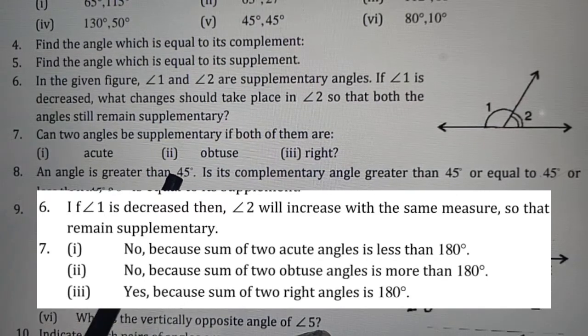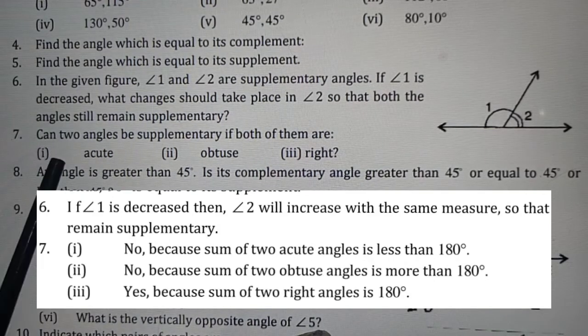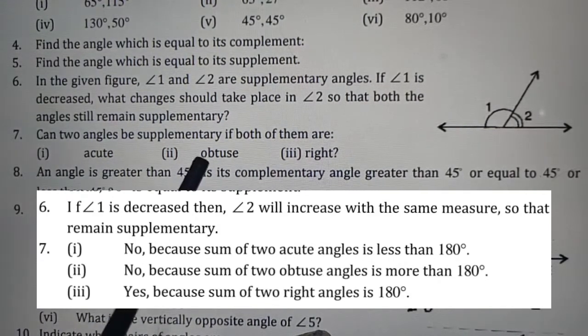If both angles are more than 90, even then the addition of two angles is greater than 180 degrees. Suppose one angle is 100 and the second angle is 90 or 95. Then their addition is more than 180 degrees. So in both these conditions, it is not possible that the angles are supplementary.